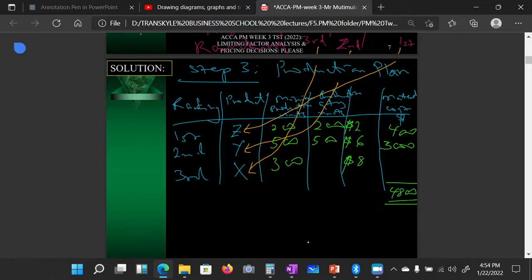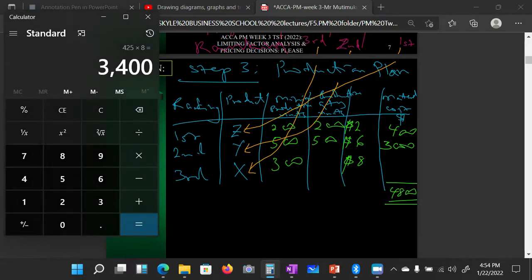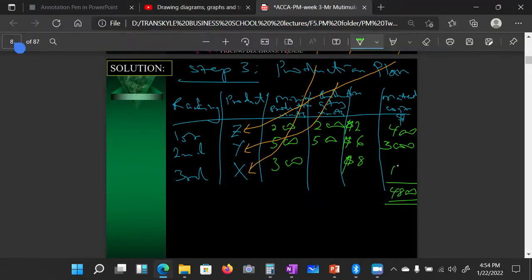So 4,800 minus 3,400 is 1,400. Whatever units of X we want to produce, the material cost should not exceed 1,400.